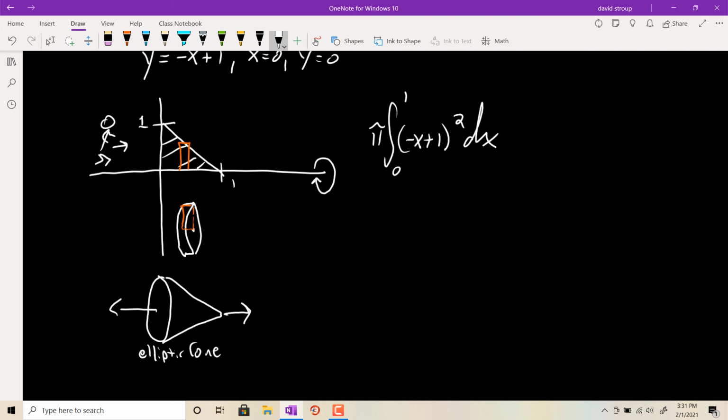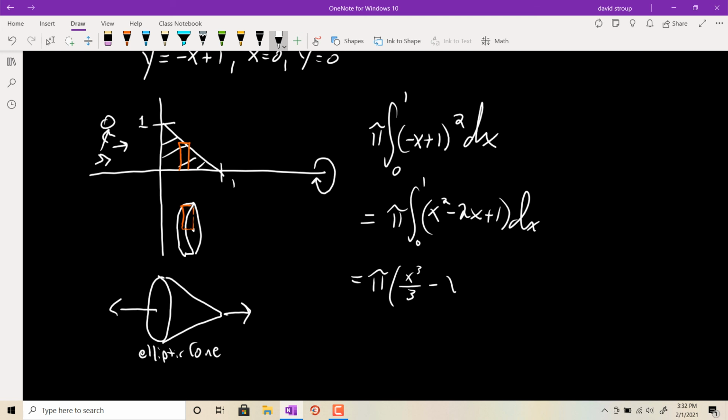That's pretty much it. Then you just have to integrate the thing. So you get pi times the integral of, we're going to have to FOIL this, x squared minus 2x plus 1 dx from 0 to 1. Get the antiderivative: x cubed over 3 minus 2x squared over 2, which is just x squared, plus x, from 0 to 1.